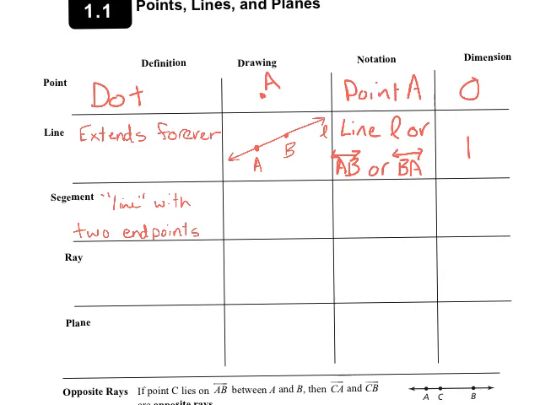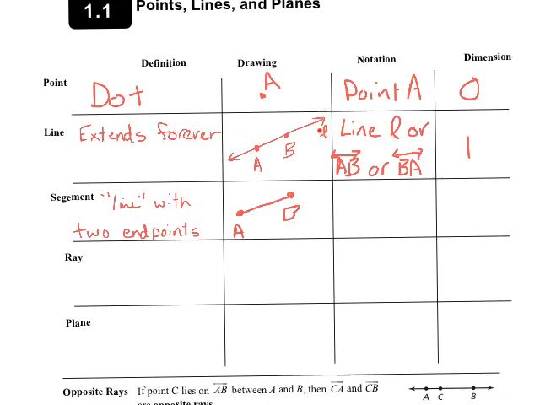Then segments are really similar. They just don't have the arrows. So if I draw this segment A, B, I name it very similarly, except I'm not saying line, I'm saying segment. Generally, see how we have this L out here for a line?